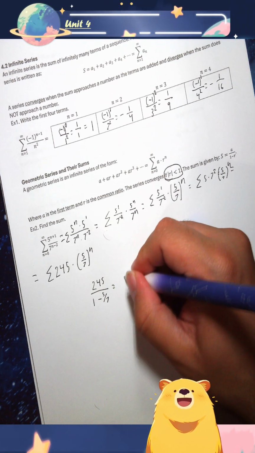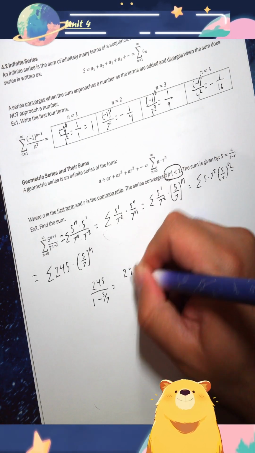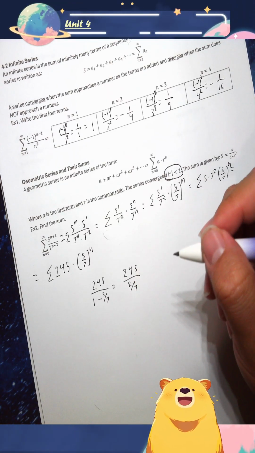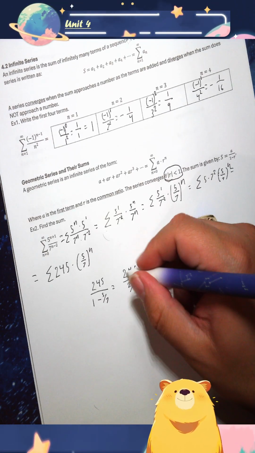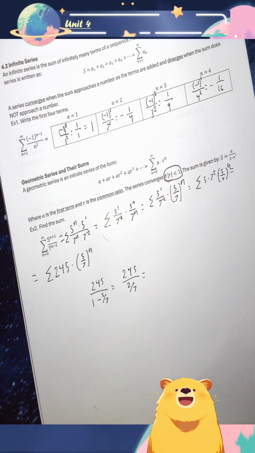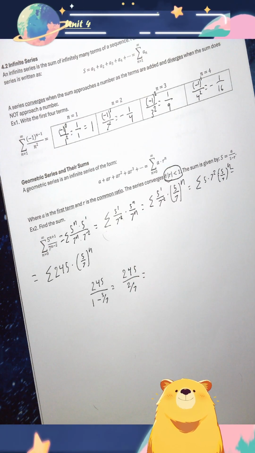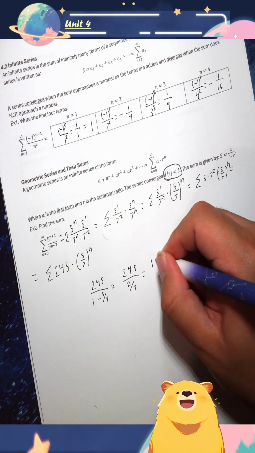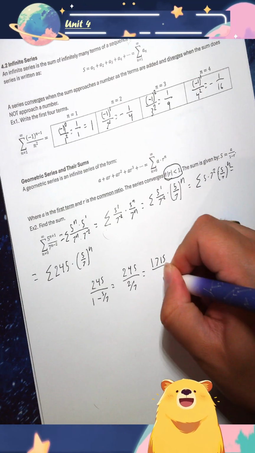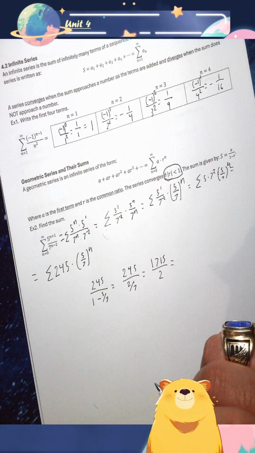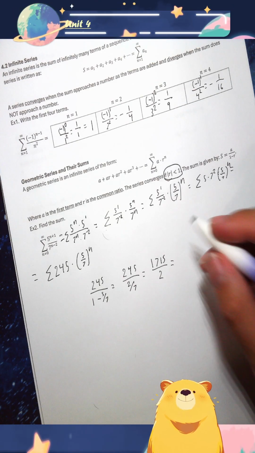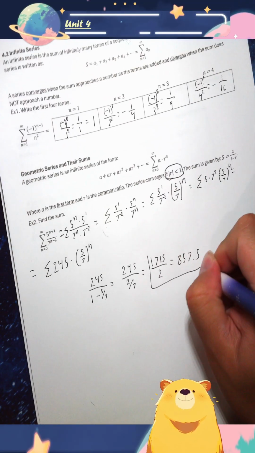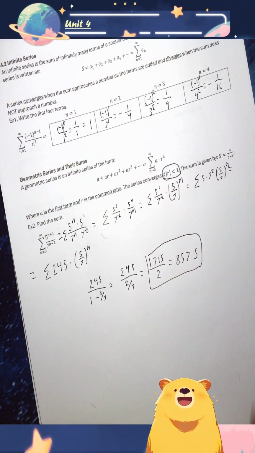That's going to simplify to 2 over 7. That's not even, so I'm just going to go ahead and put the 7 on top. 245 times 7, that's going to be 1,715 over 2, or 857.5. And that is your sum.